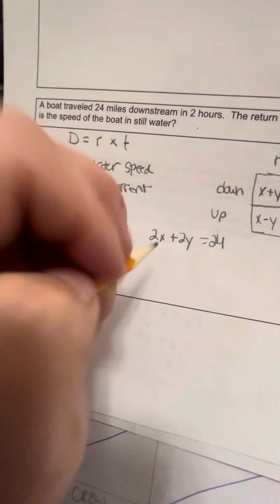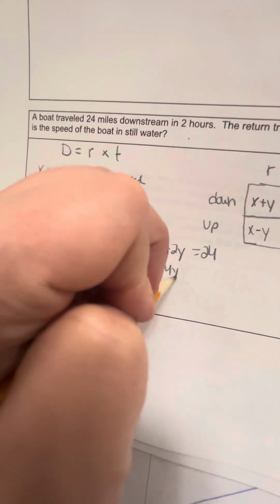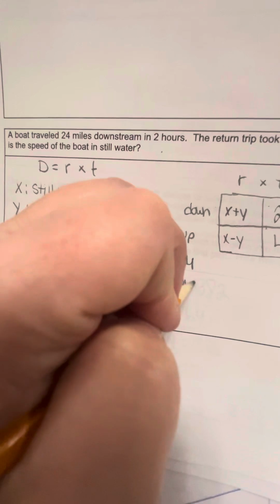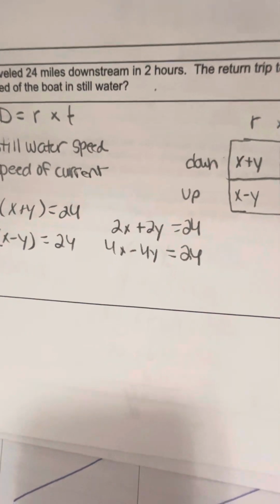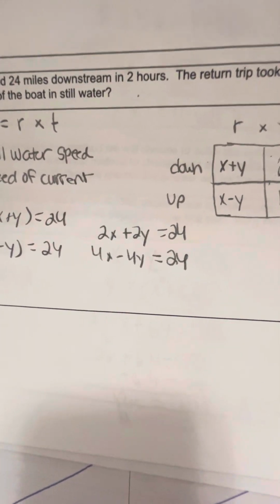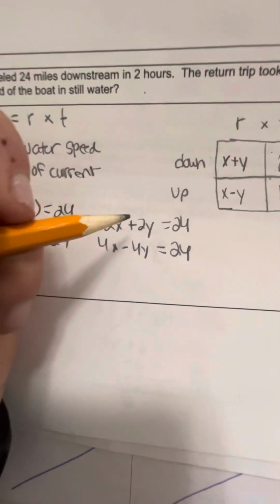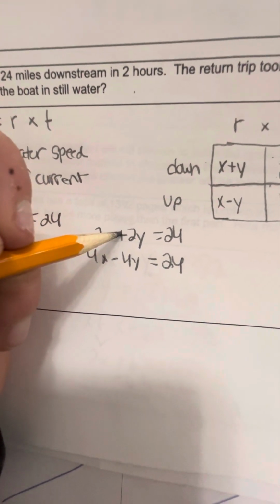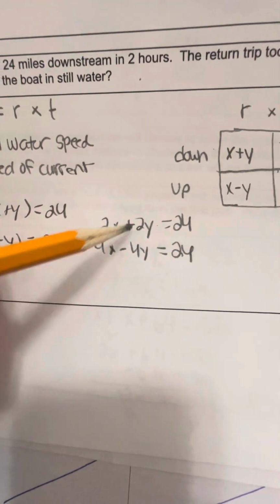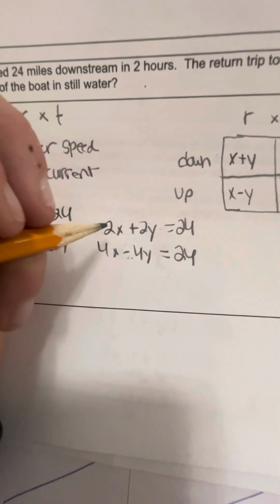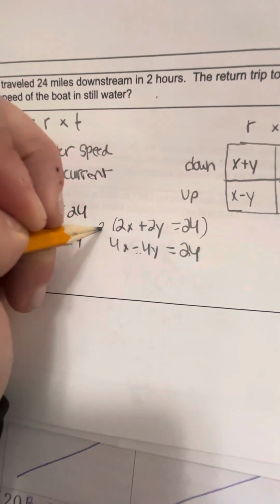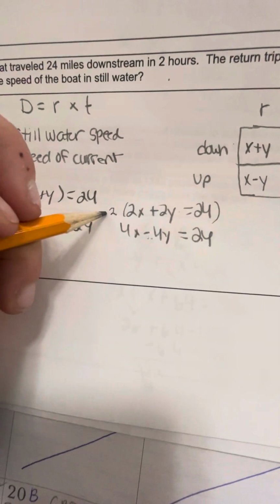And then on this one, 4x minus 4y is going to equal also 24. Now, I'm going to use elimination in this problem. I'm going to try to eliminate the y's because the y's are already opposites. So if I just multiply this top one by 2, I'll have an opposing situation here.